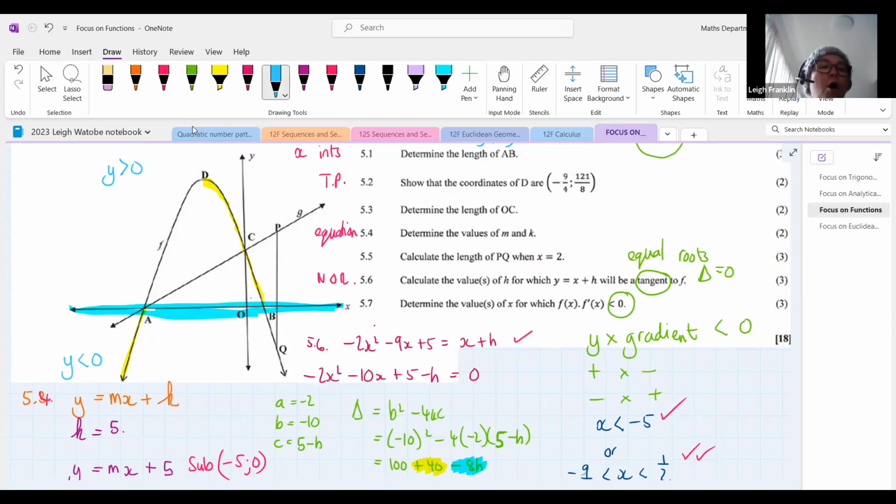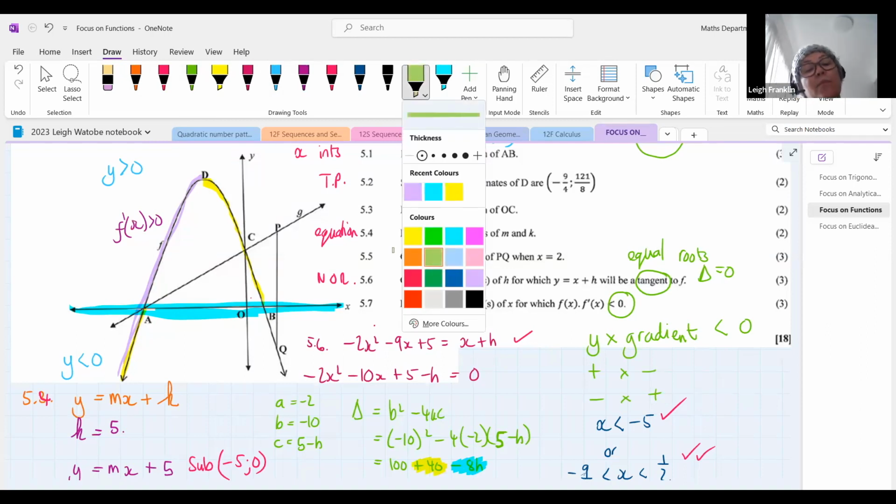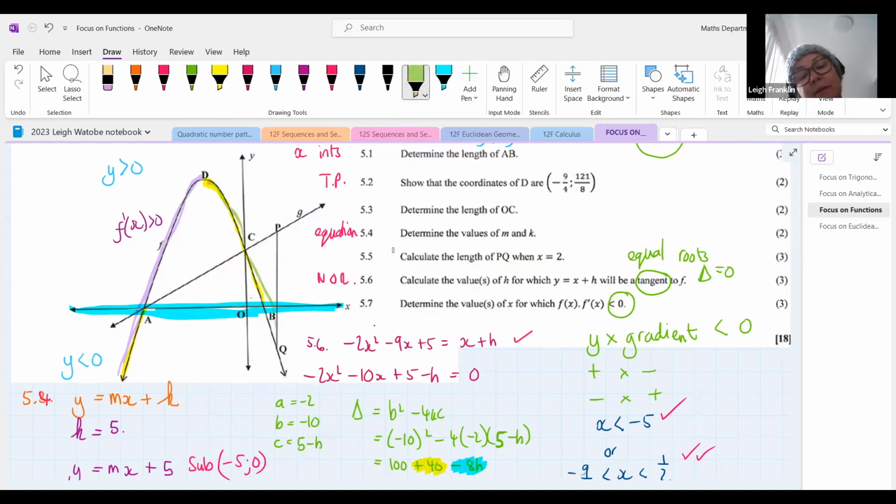On this side of the parabola, all of this up to the turning point, your gradient is positive. So here I would say f prime x is greater than 0. On this side, let me just find a different color highlighter. Over here where the green is, after the turning point, your gradient is negative. So f prime x is smaller than 0.